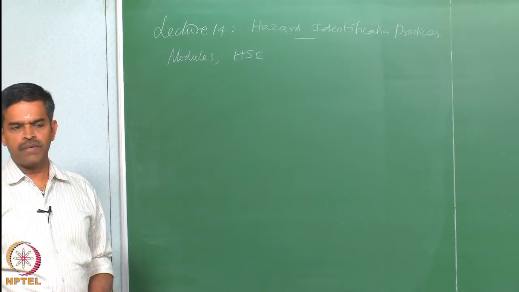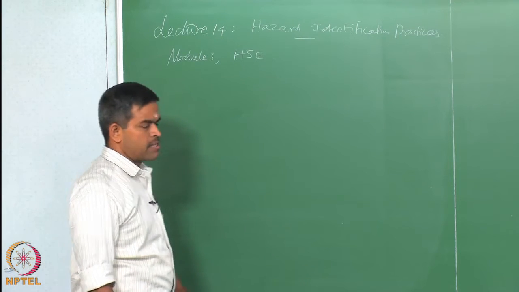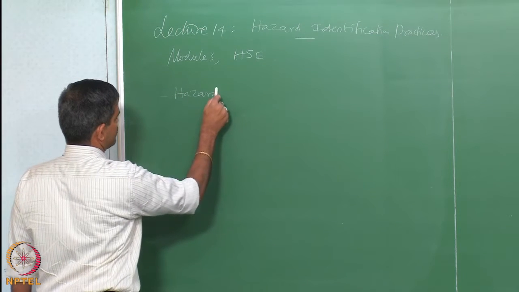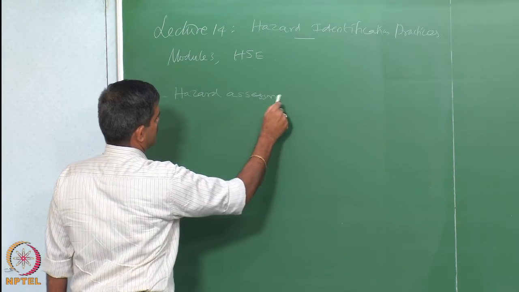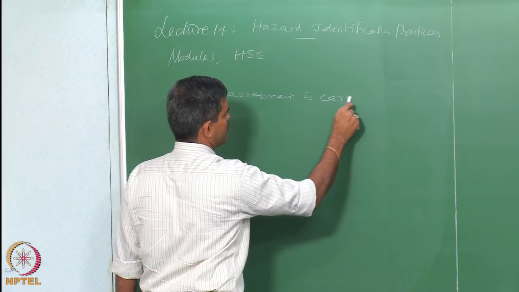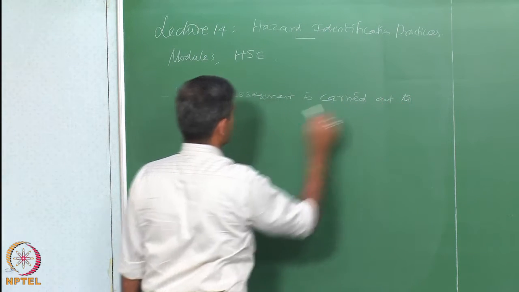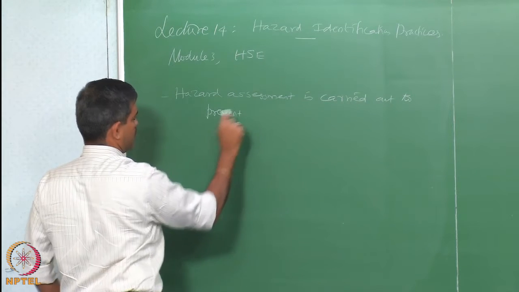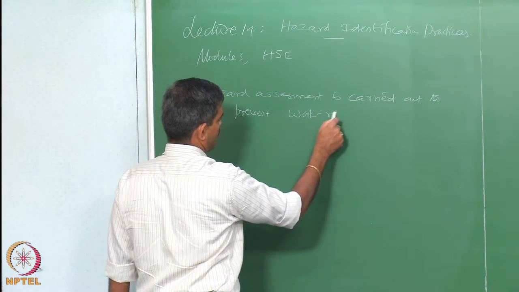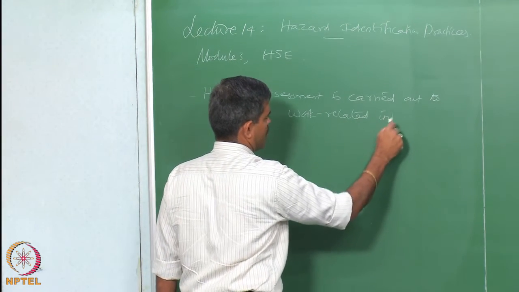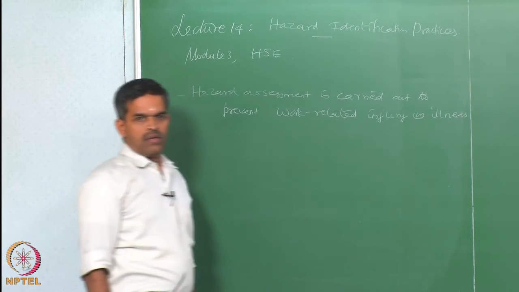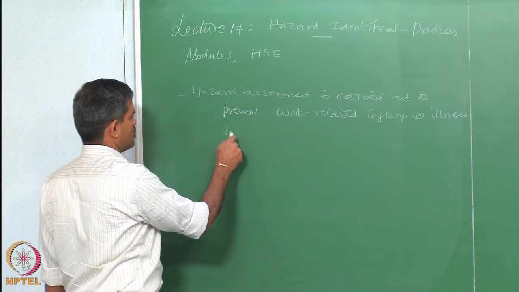When we talk about hazard assessment, which is the first step in any risk assessment and management, hazard assessment is carried out with an objective which we already know. Hazard assessment is carried out to prevent work related injury or illness to the workers or to the public.